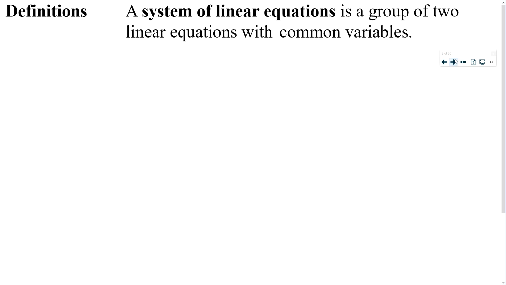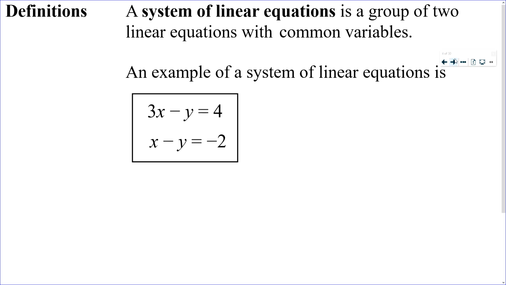But in this course, this would be a good example of a system of linear equations. You have 3x minus y equals 4, which you should recognize as a linear equation from the previous unit. And what that means is if you were to graph that relation, 3x minus y equals 4, you would get a straight line.